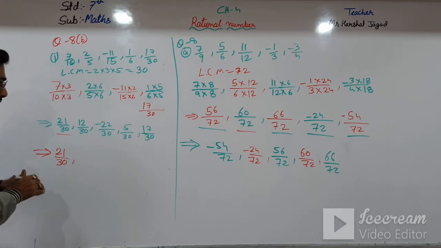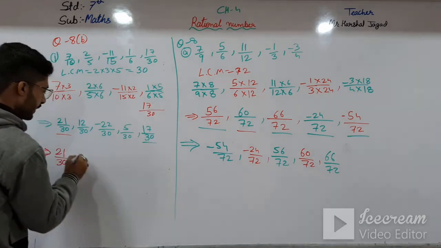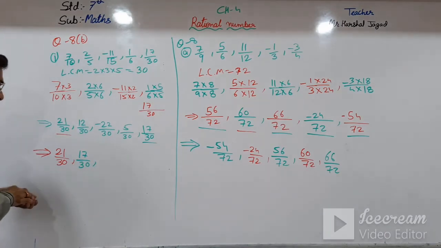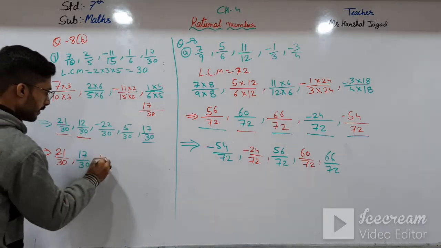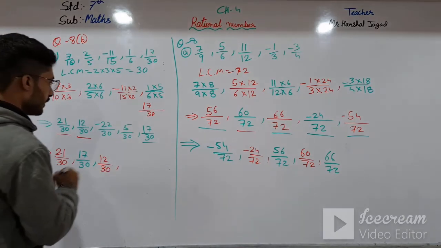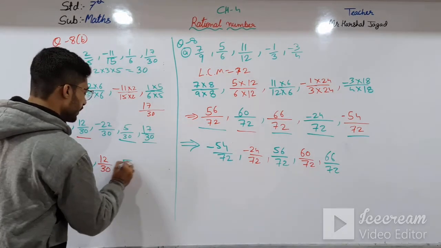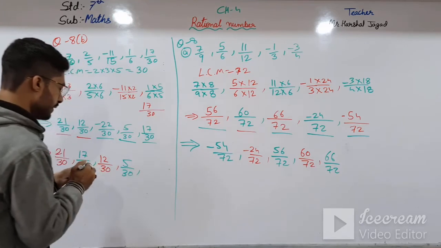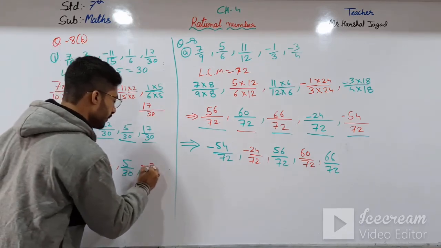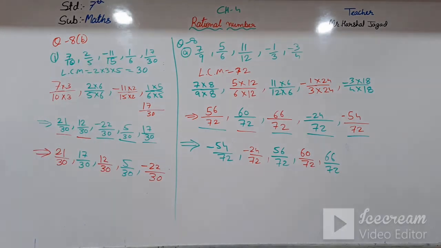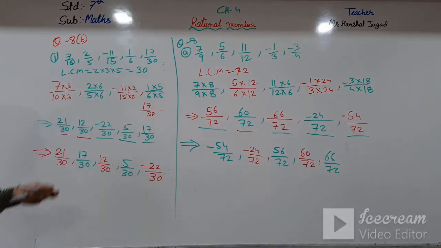Then next will come 17 upon 30, and another one, 12 upon 30, and after that 5 upon 30, and another one, minus 22 upon 30. Okay, this is the answer of descending order. Please note down this, students.